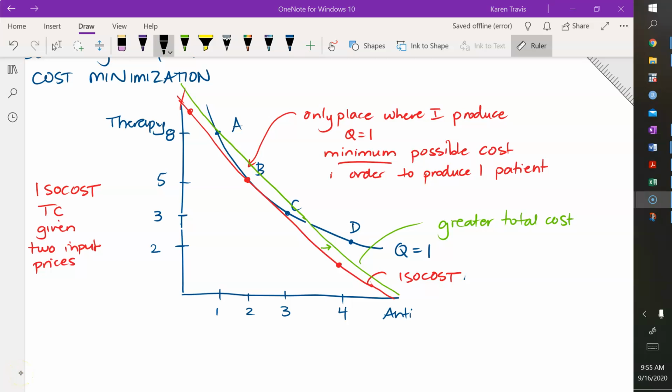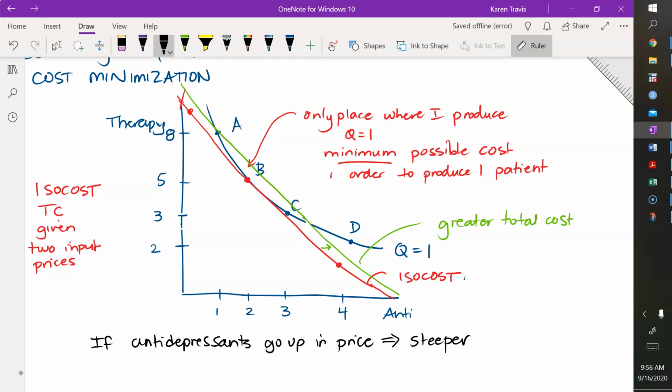There's one final option where what is currently the cost minimizing point of B can change. And the only thing that can change it is if the input prices change. So if antidepressants go up in price, what that does to an isocost is that it's going to make it steeper.